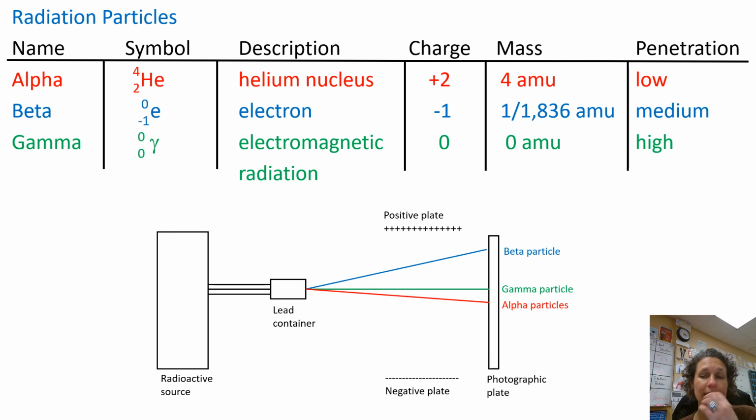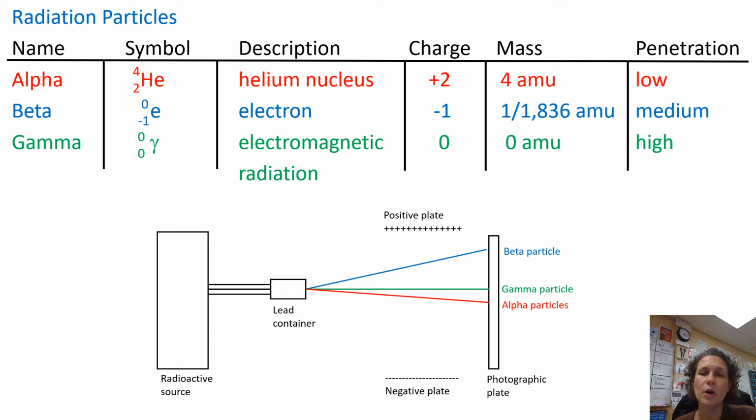The next one, beta, is represented by lowercase e because it is similar to an electron. As far as the symbol goes, you have a 0 where the mass is and a -1 where the atomic number would be. This is because it has no mass, so it doesn't have protons or neutrons, is what that is telling you, but it does have that negative charge because of the electron, which is where the e comes from.